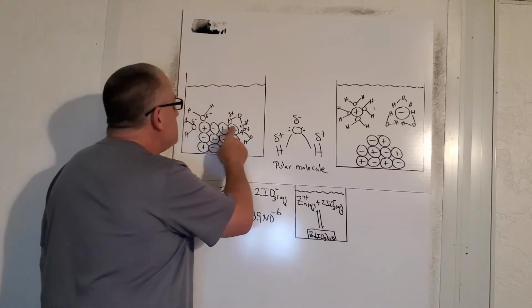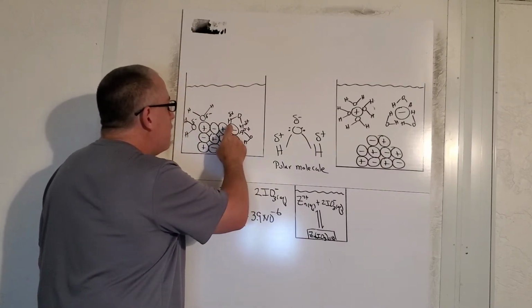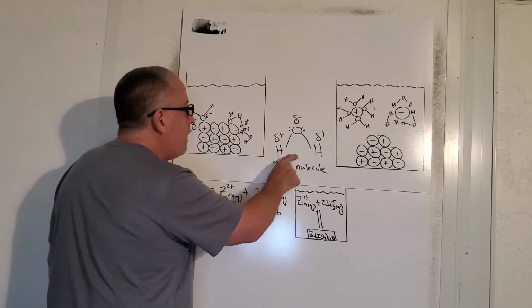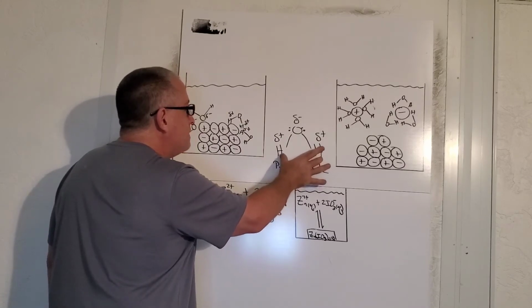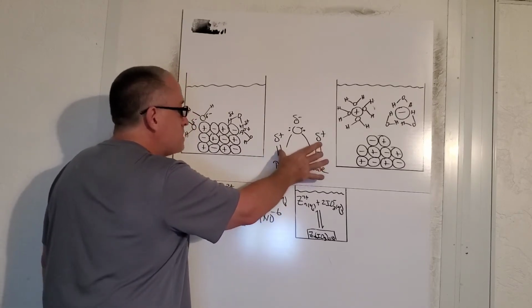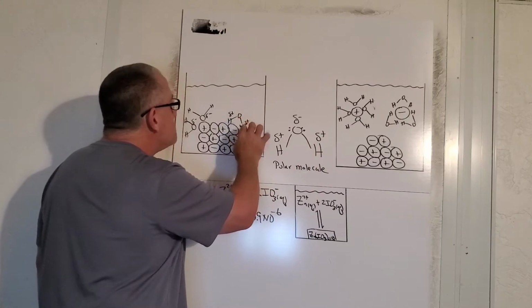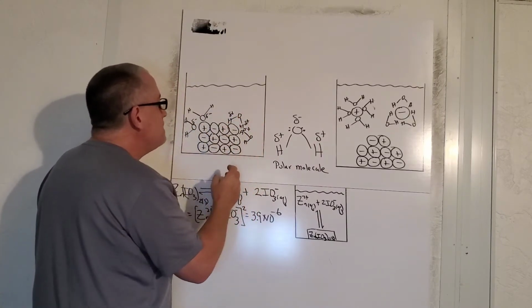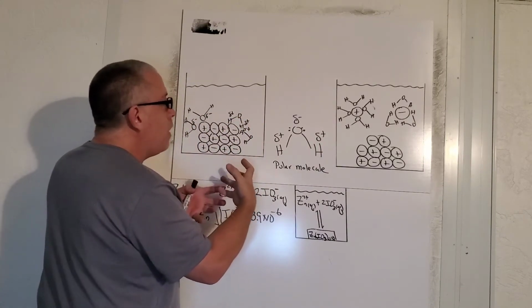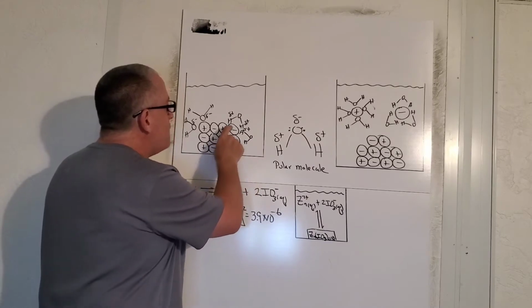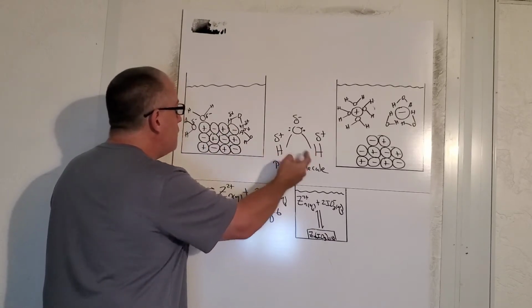The negatively charged ions, the anions, will have the water molecules naturally attracted with the slightly positively charged hydrogens, and they will surround it and pull on it because of the attraction between the negative and the slightly positive here.